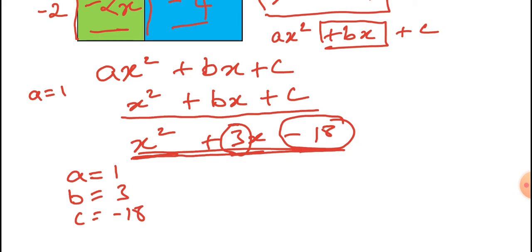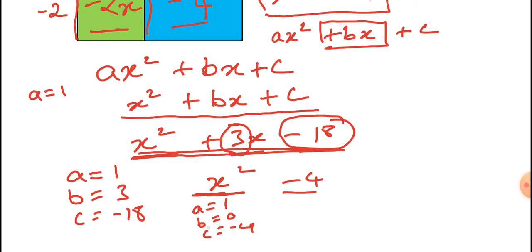Now with question 14, the answer was just x squared minus 4. So a was 1. You can see in front of the x squared there's 1. There was no b, so b was 0, and c here is minus 4.